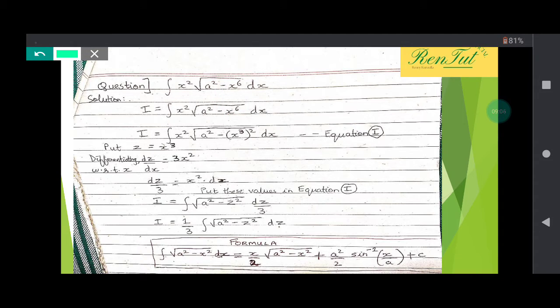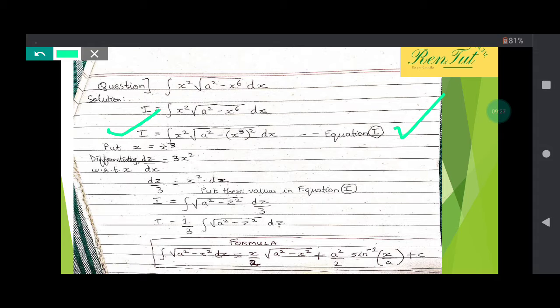Three 2s are 6, so x cube into the square outside. In this way we can split x raised to 6, and we give that equation as equation number 1.